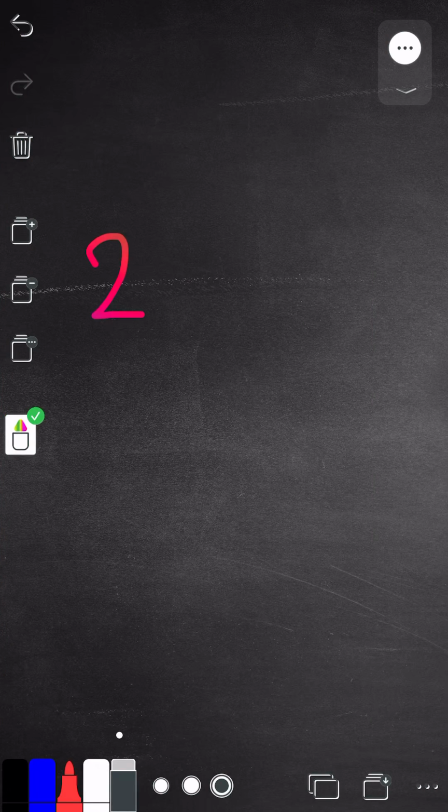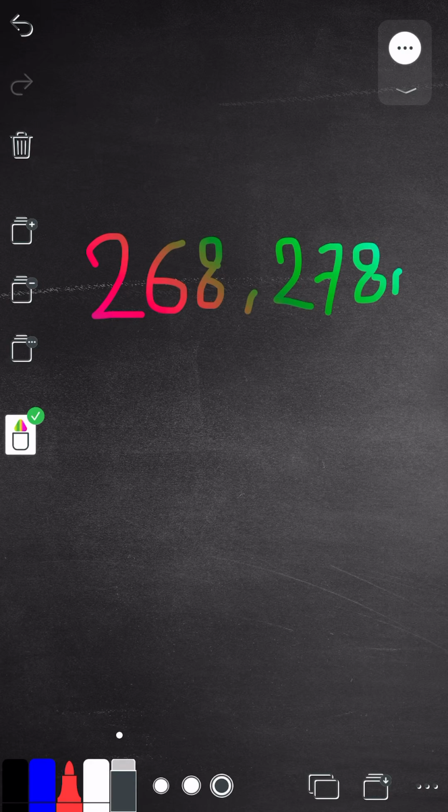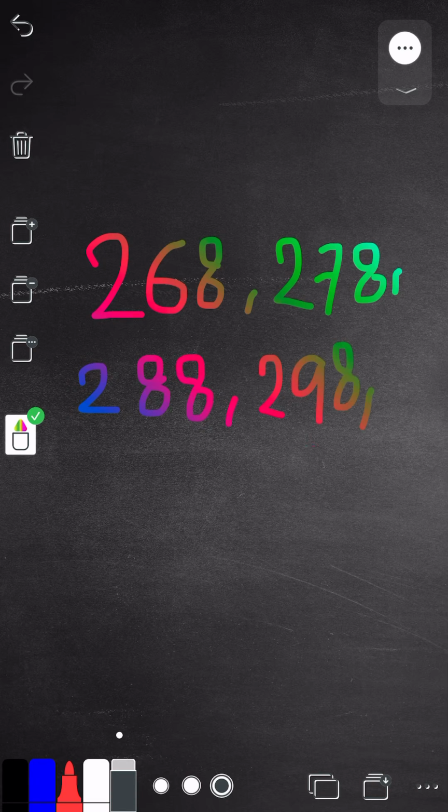So 268, 278. After that, add 10, 288, 298. Add 10 to the 90, that equals 100. So we add 1 to the 2, that equals 308.